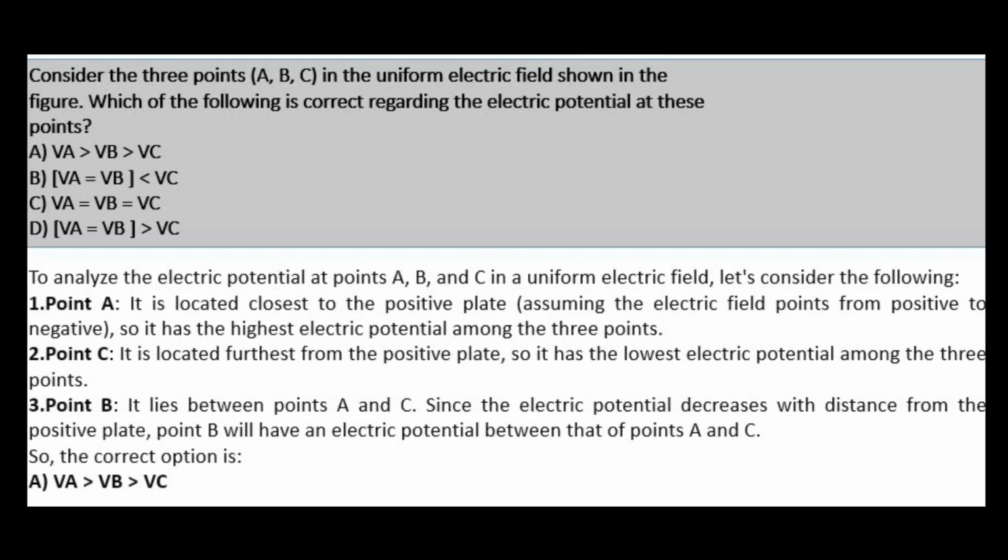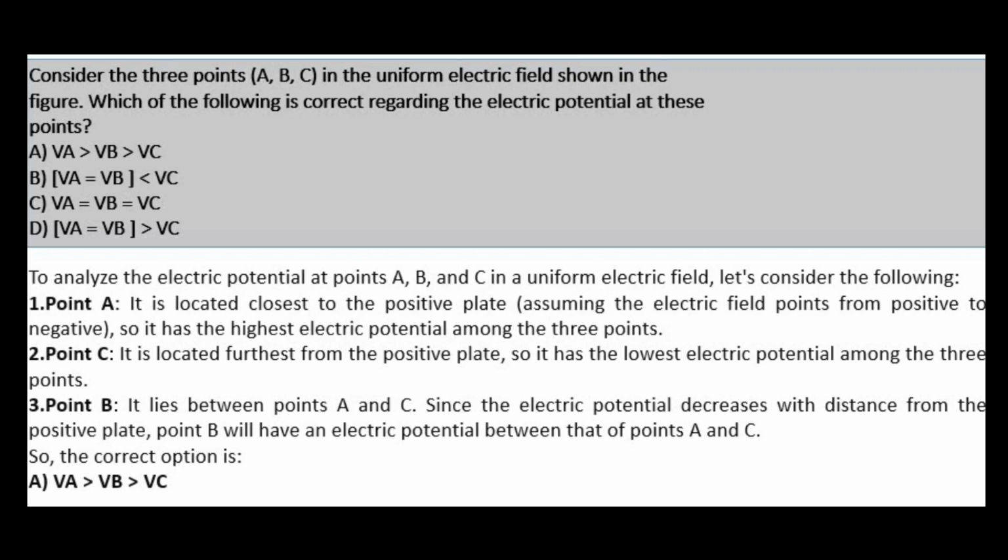Solution. To analyze the electric potential at points A, B, and C in a uniform electric field, let's consider the following. 1. Point A: it is located closest to the positive plate, assuming the electric field points from positive to negative, so it has the highest electric potential among the three points. 2. Point C: it is located farthest from the positive plate, so it has the lowest electric potential among the three points. 3.